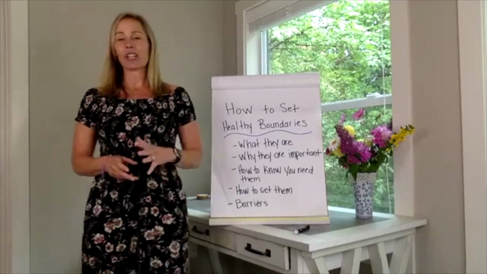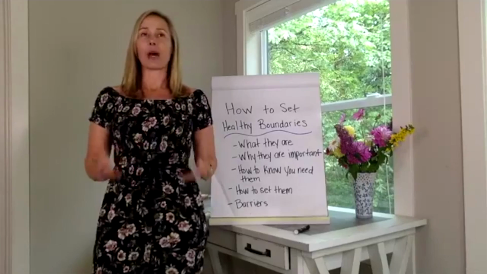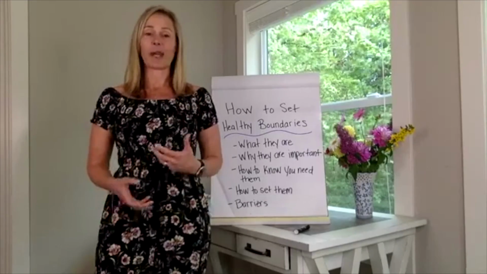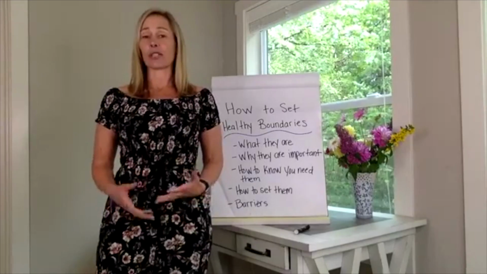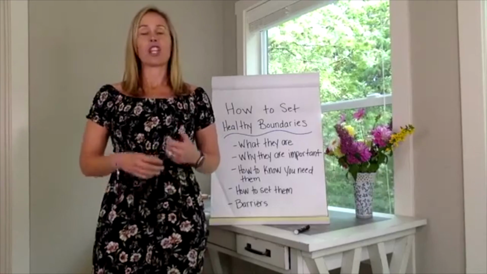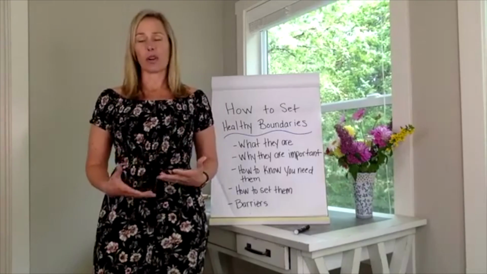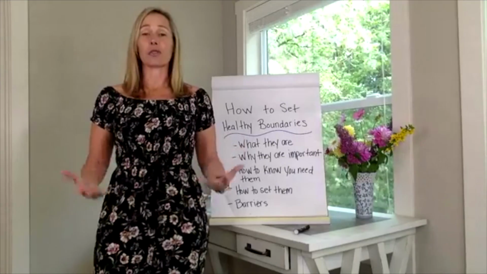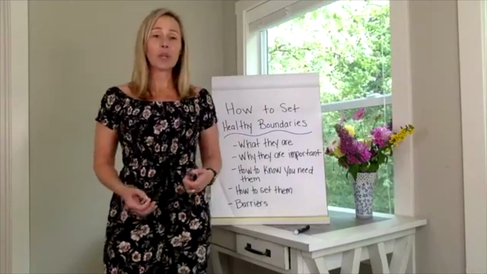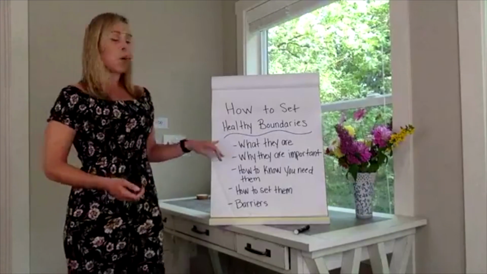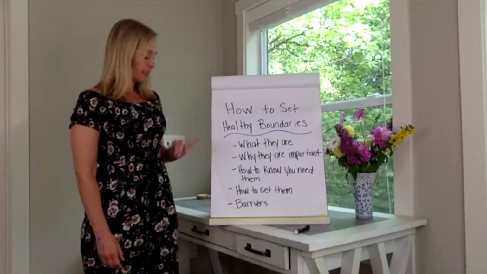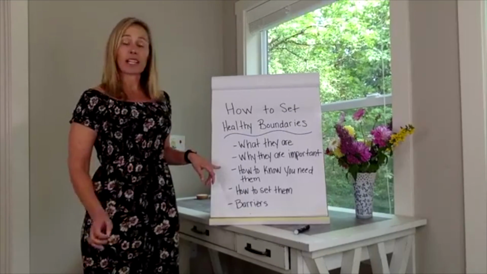So today I'm going to be talking to you about boundary setting, what it is, and I'm going to be taking you through a few steps on how to get healthy boundaries in your life. When you don't have healthy boundaries, you're not able to show up in the world as your authentic, true self, and you suffer ultimately. So in this workshop, I'm going to be sharing with you what healthy boundaries are, why they're important, how to know you need healthy boundaries.